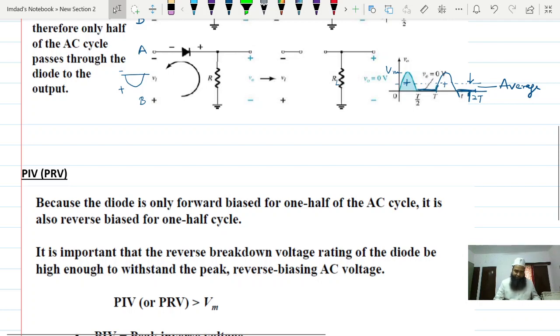The diode must withstand that reverse voltage, which must be greater than Vm appearing during the negative half cycle.